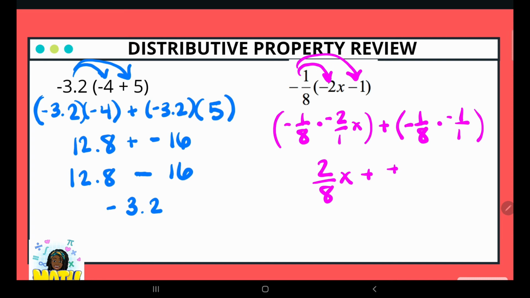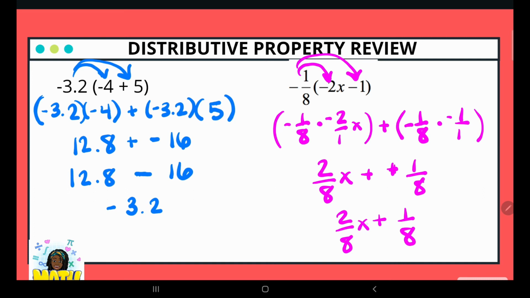So I'm just going to write it here. 1 times 1 is 1, 8 times 1 is 8. So here I have two positives, so I know that's going to remain positive. So here I have 2 over 8x plus 1 over 8.